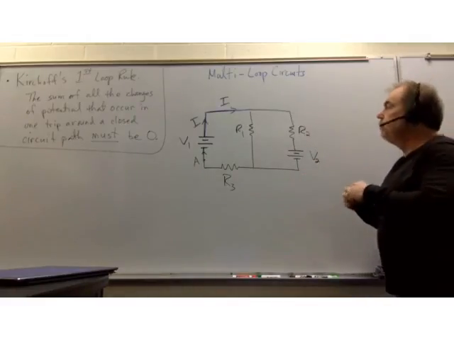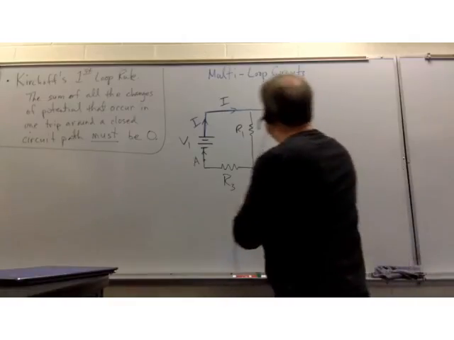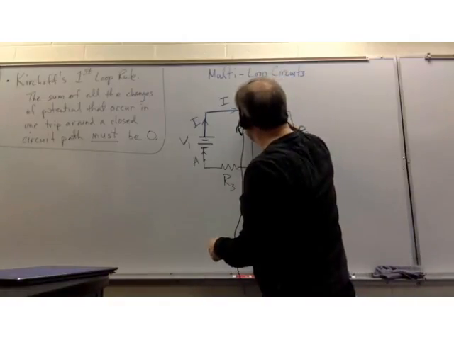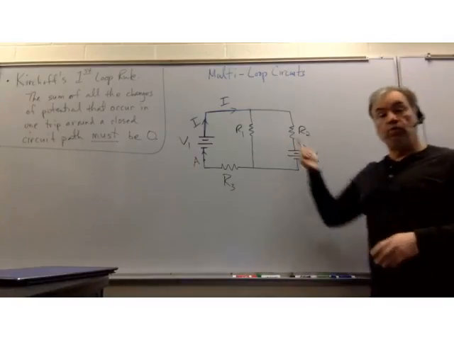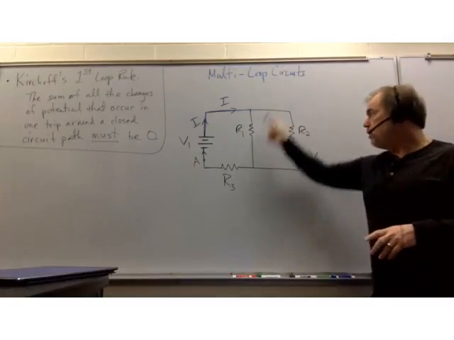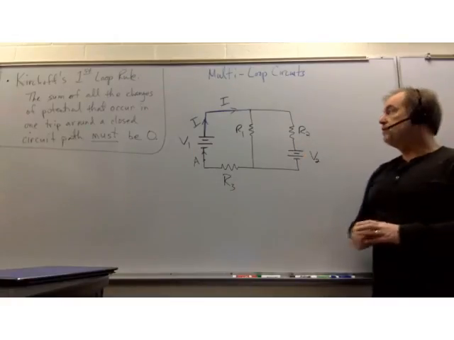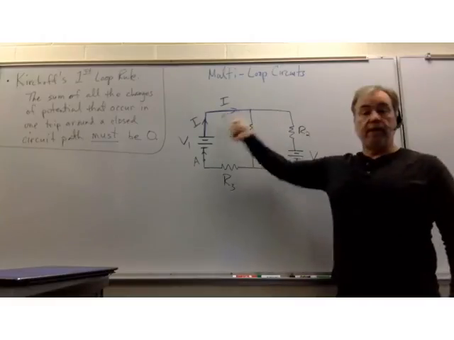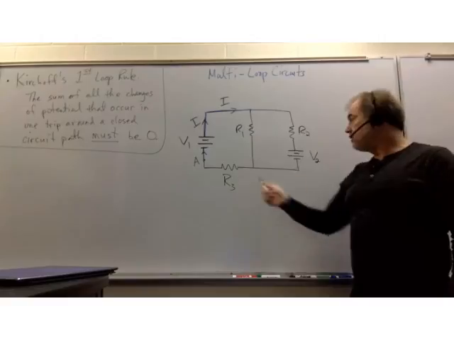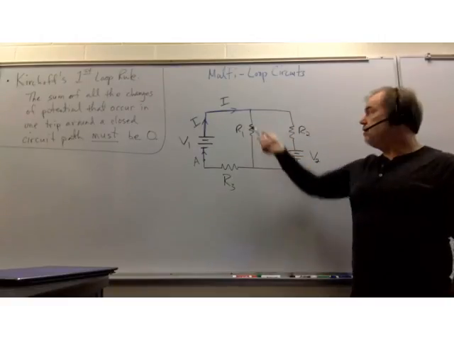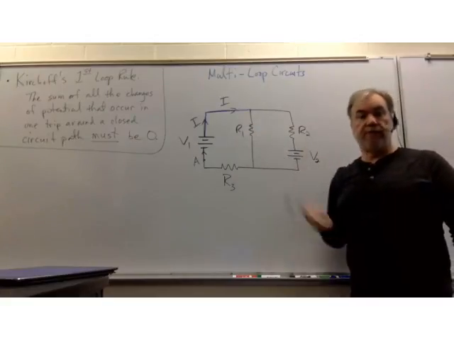The problem here is that when the current reaches this point in the circuit, this so-called branch point, now the question is, which of these two possible paths does the current take? The answer is both of them. That is to say, some of the charges that make up this current I take the outside path, and the rest of them go through this central path, this inner path.